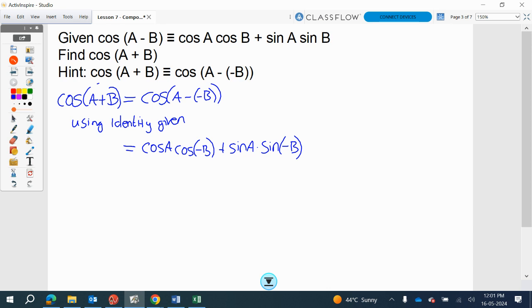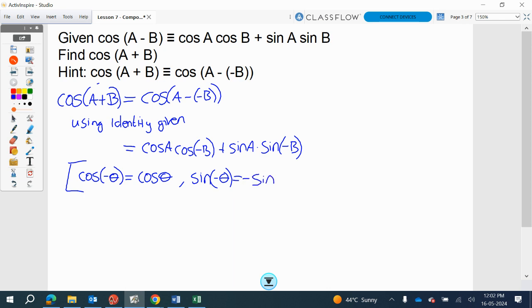If you don't know the name of a relation, like we're going to use the negative trigonometric relations, you can just quote them. I'm just going to use the cosine of minus theta is equal to the cosine of theta, and the sine of minus theta is equal to minus sine theta.